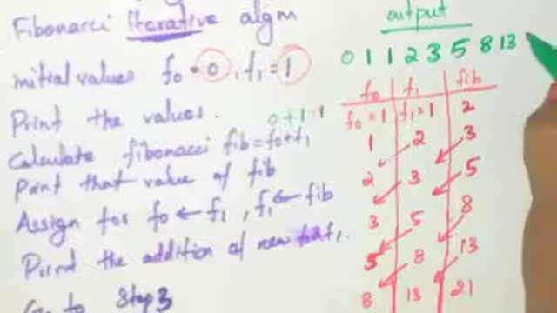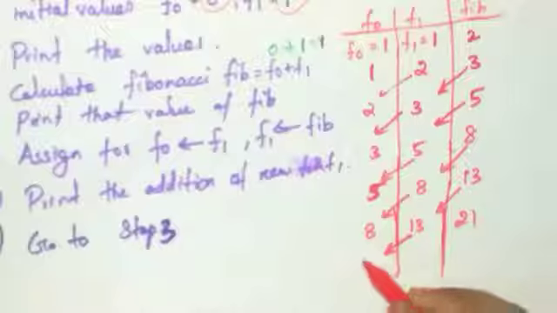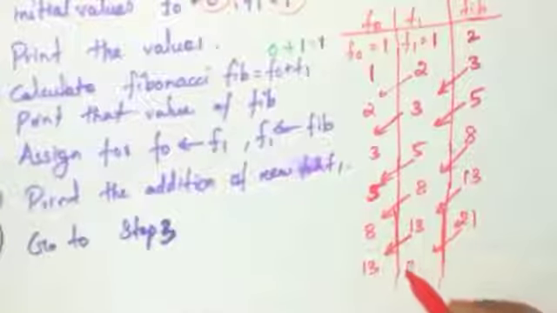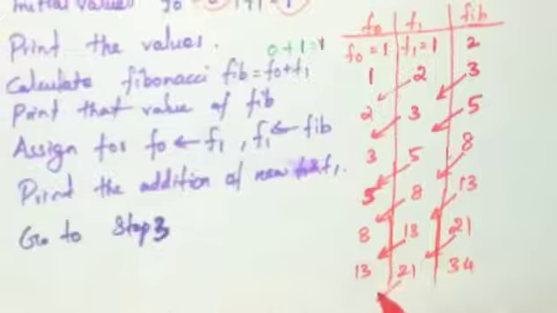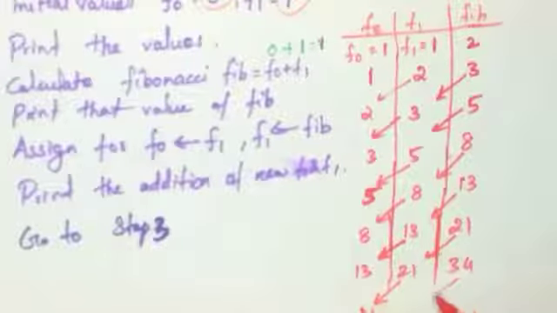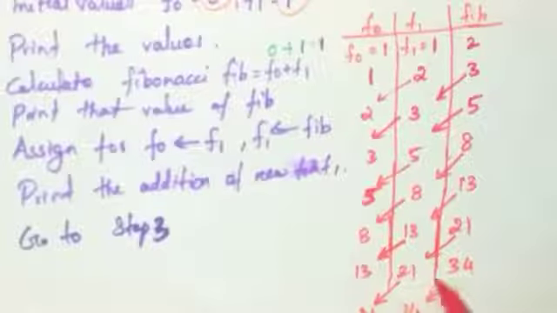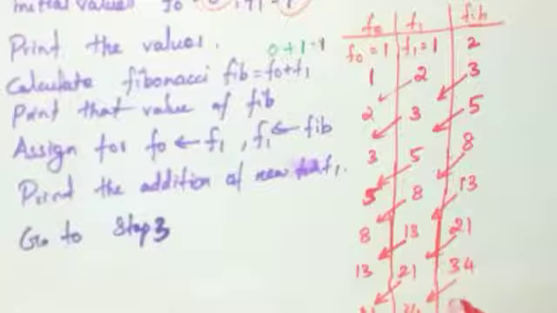So here write 21. Again go to step 3. 13, 21. 13 plus 21, 34. Write here 34. Again go to step 3. Assign the value F1 to F0, 21, and this value is here, 34. So add these two numbers, 55.